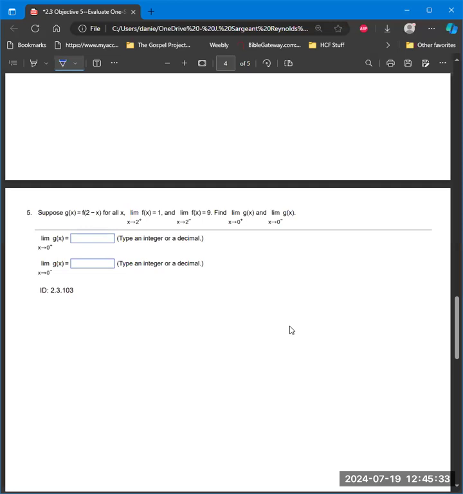So as I approach 2 by g of 0, the limit as x approaches 0 from the right is going to be the same thing here, which is 1. The limit as x approaches 0 from the left of g of x is going to be right here, which is 9. So from the right is 1.